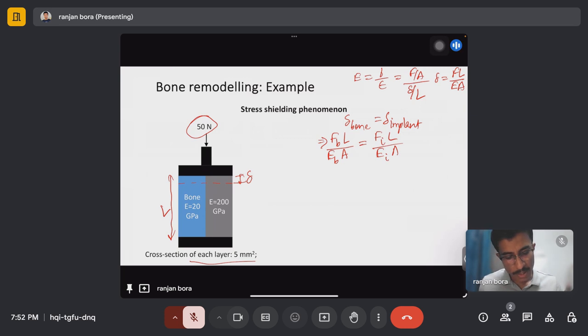Okay, we'll first derive a general expression. We will not assume that the area of cross section is the same; we'll consider AB and AI and LB and LI.